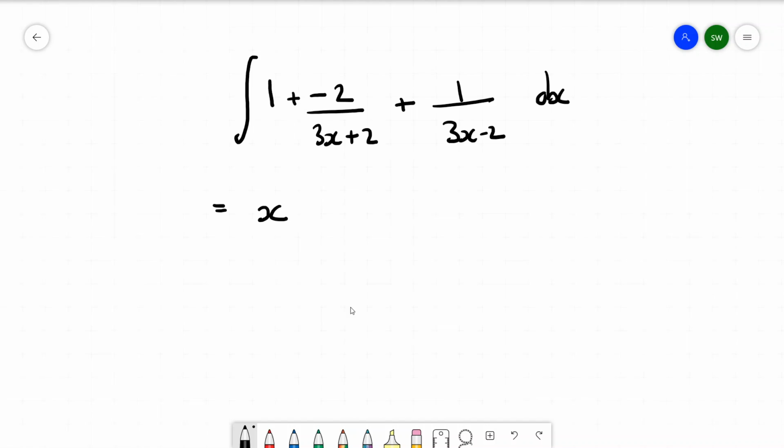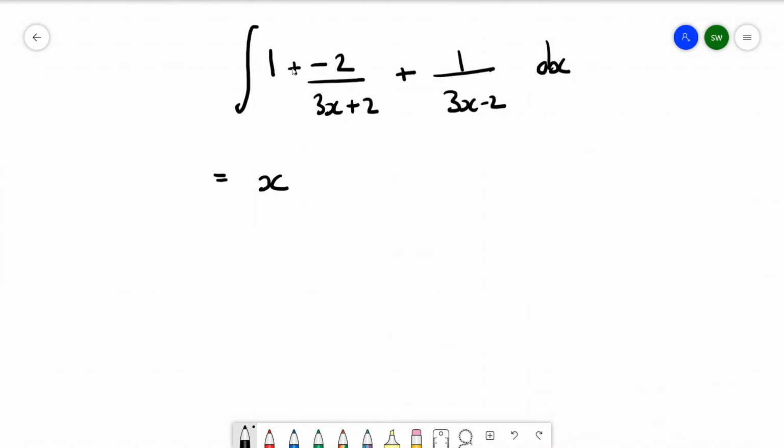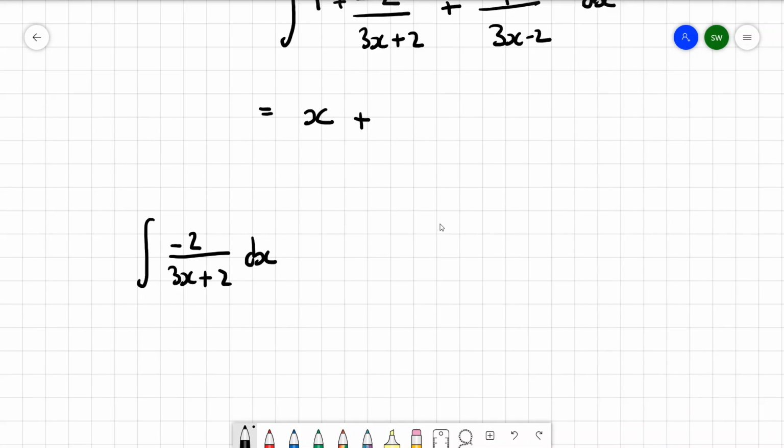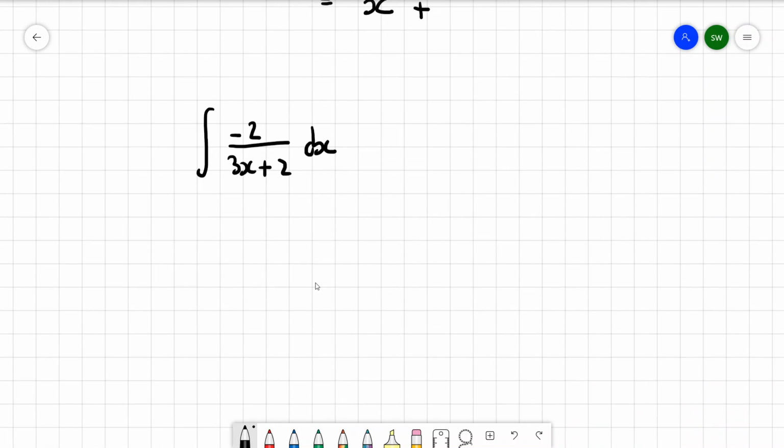And then let's try and integrate this term here. So I've written it as plus, and then I've put minus 2 on the top. So let's leave it as that. And so we're going to do plus, and then we need to work out what's the integral of minus 2 over (3x plus 2). So you can use whichever method you prefer.